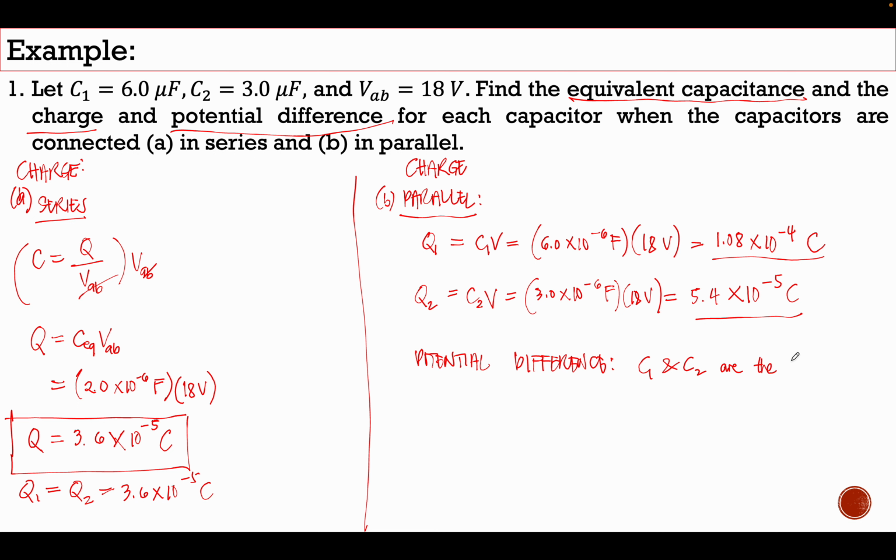Meaning, the potential difference for C1 or V1 is equal to the potential difference of C2 or V2, which is VAB or 18 volts. So again, this is for parallel.